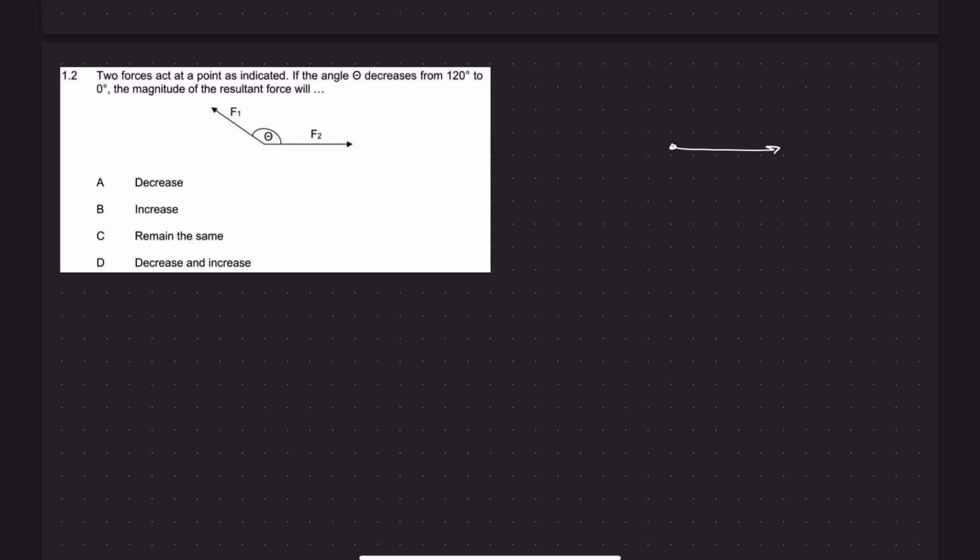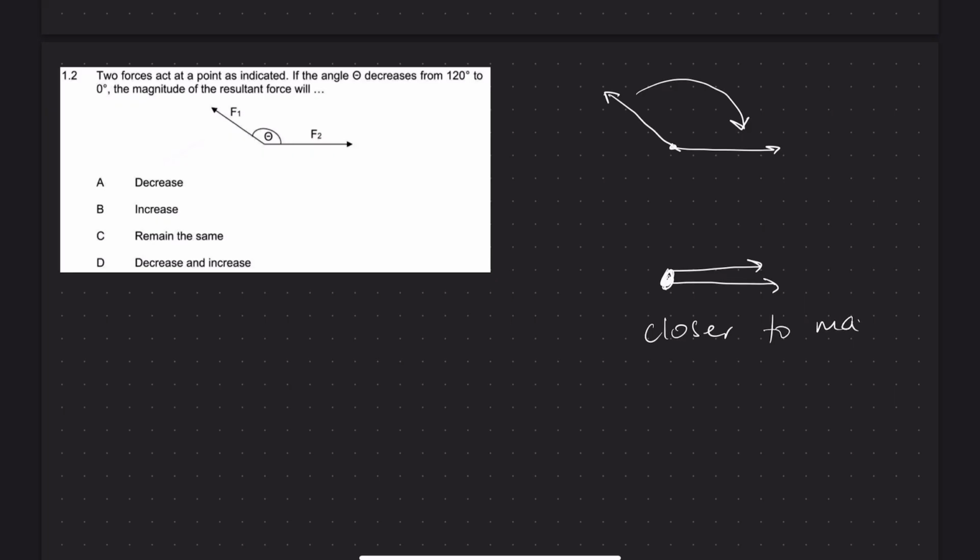if you have the forces like it's drawn in the diagram, and now you draw them pointing in the same direction, you are getting closer to the maximum.